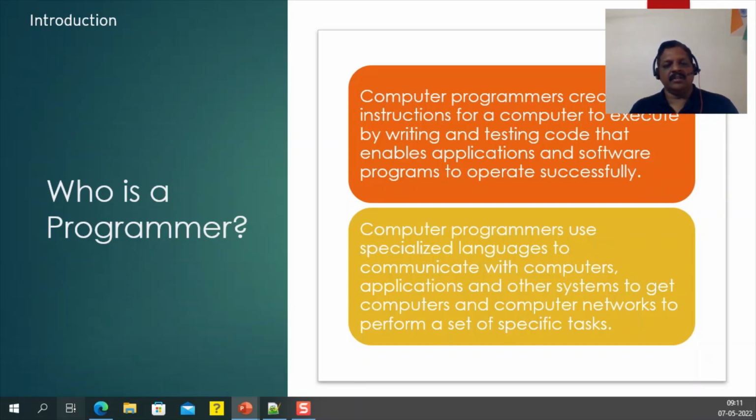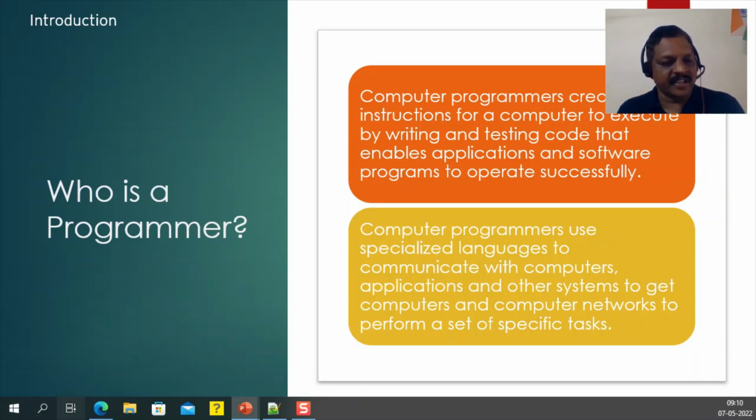So, overall, computer programmers use specialized languages to communicate with computers, applications, and other systems to get computers and computer networks to perform a set of specific tasks. Hope you understand who is a programmer. In simple terms, a computer programmer creates instructions for a computer using specialized languages.